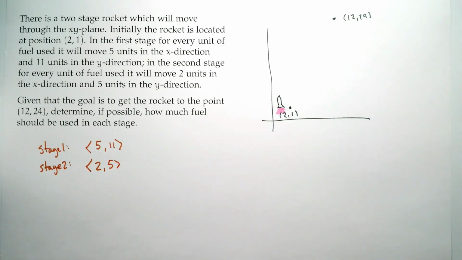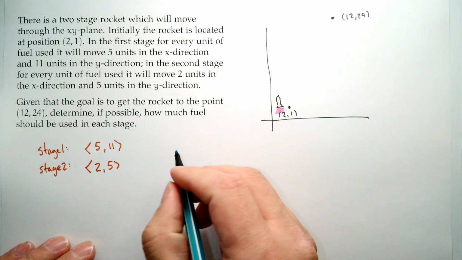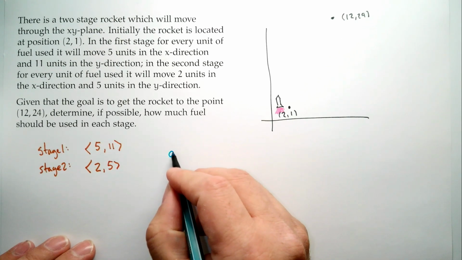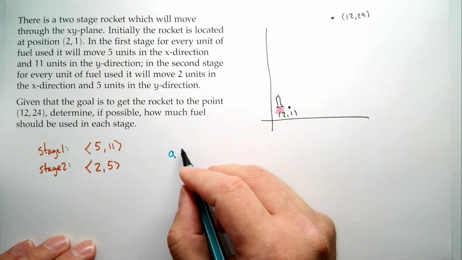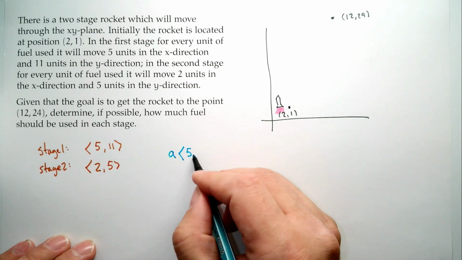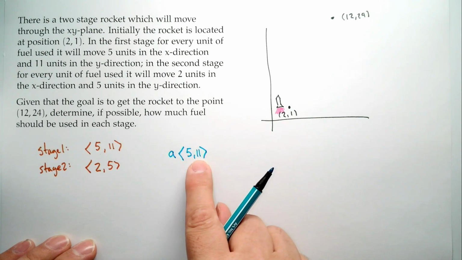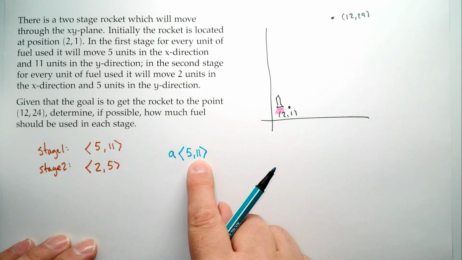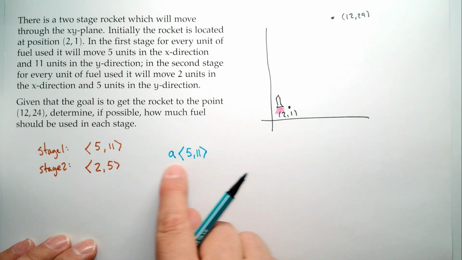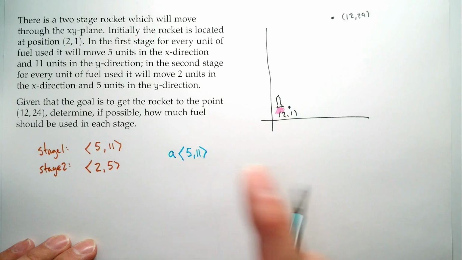And so we can think of it in the following way. We're going to have some amount, let's say A units of fuel in stage 1. And so the net change from stage 1 can be found by taking A times the vector (5, 11). So this is the change which will happen if we use A units in stage 1.